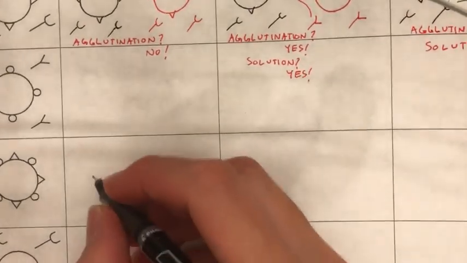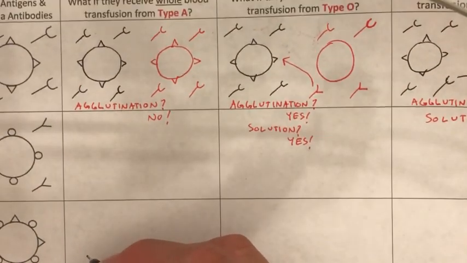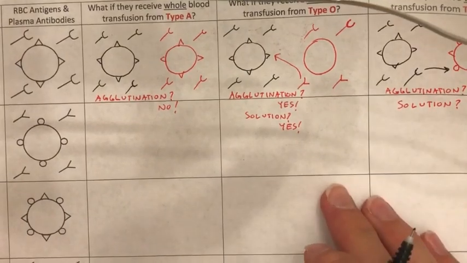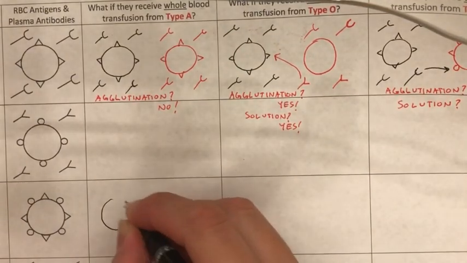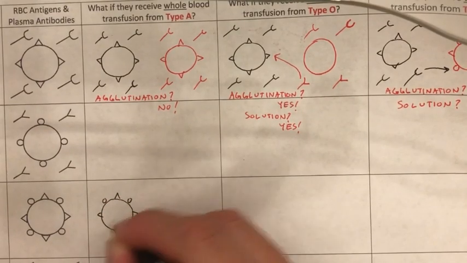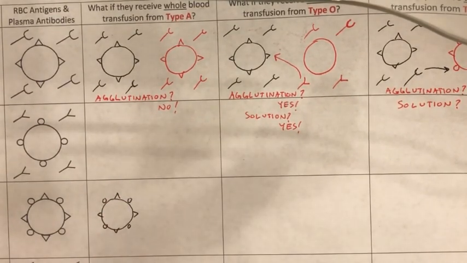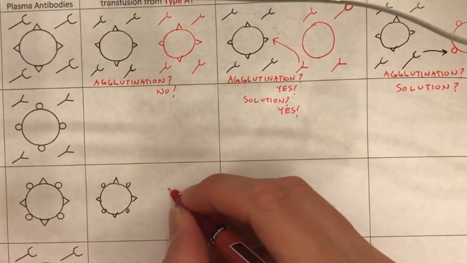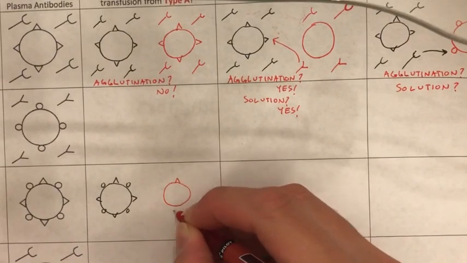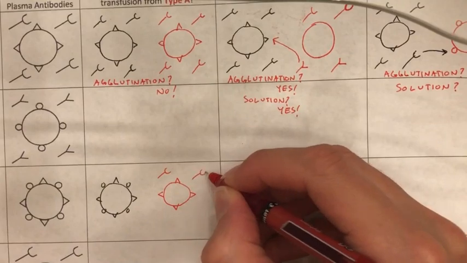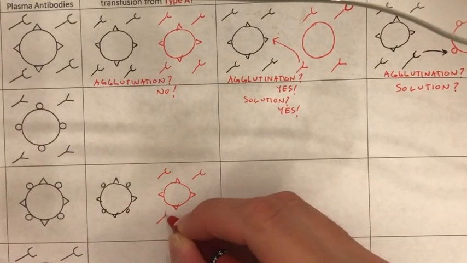So in our first example, let's see. So setting ourselves up. So if we have somebody with blood type A donating, we're donating whole blood in this case.